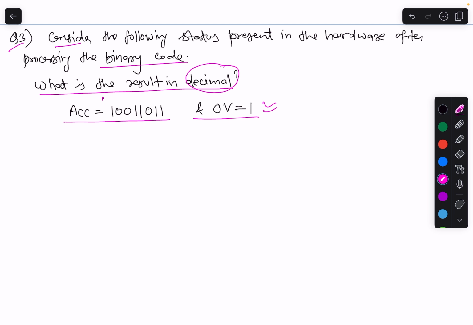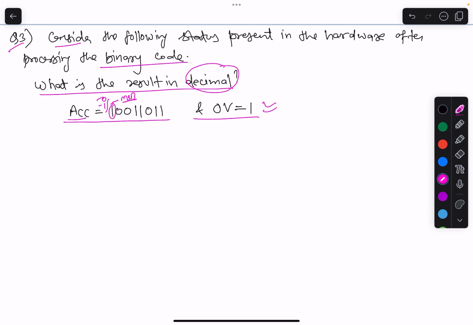To find the result, we have that overflow is equal to 1, but we need to find whether to add 0 or 1 here, that is, whether it is positive overflow or negative overflow, right? If it is positive overflow, we put 0 here. If it is negative overflow, we put 1 here. This is very easy because the accumulator is used for storing the result, and here the MSB of the accumulator is 1.